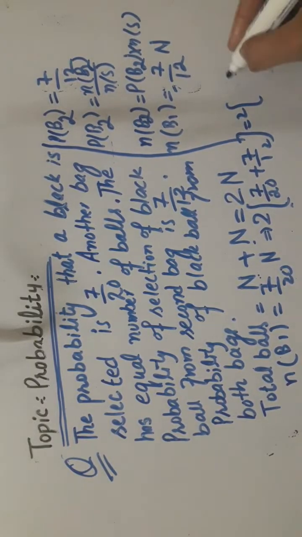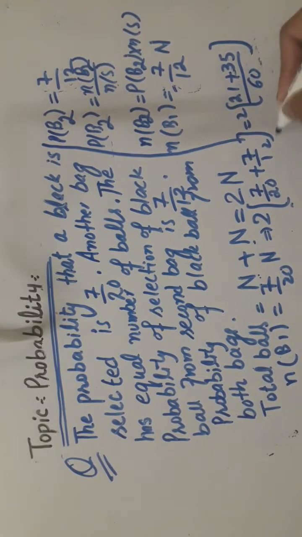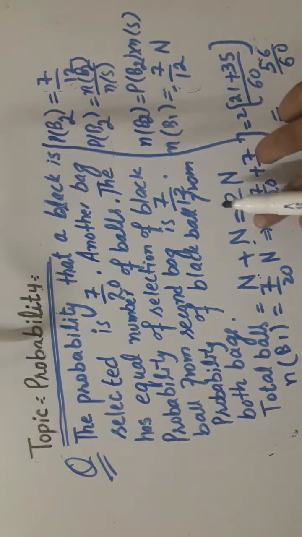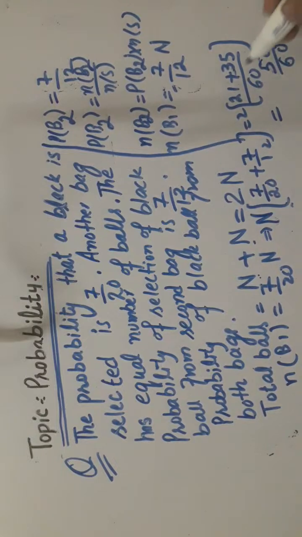This will be equal to 21 plus 35, and the LCM of 12 and 20 is 60. So we will take n as common. This will be equal to 56 by 60, because we take n common and add both these values. So this is equal to 56 by 60n. This is the total number of black balls.